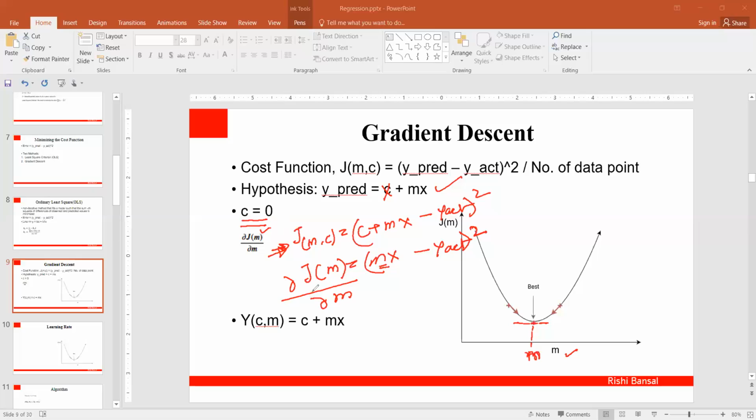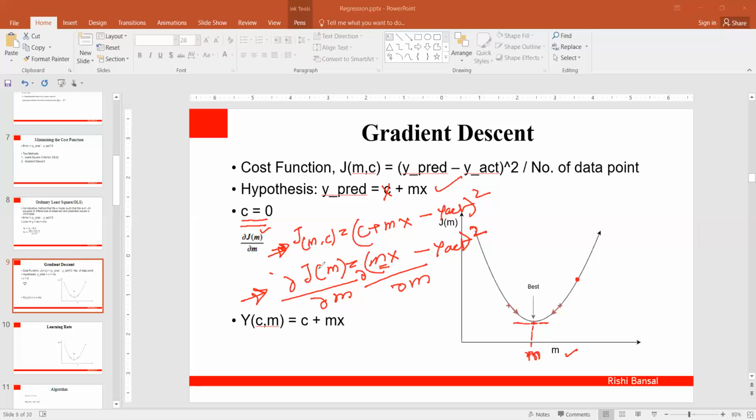So when you do this differentiation, what happens? Suppose it comes to this point.